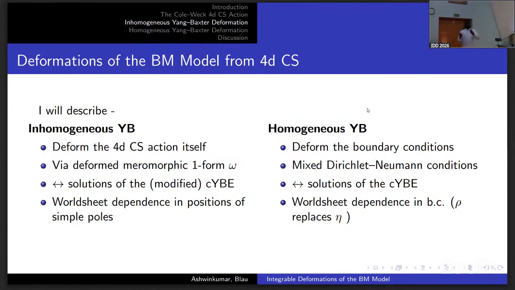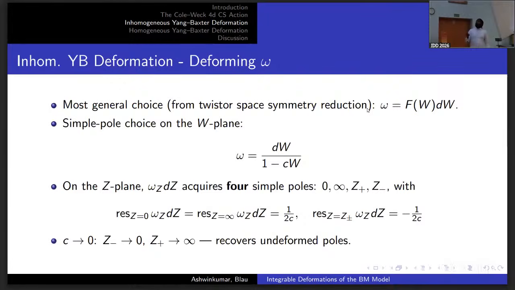But now, instead of a constant parameter eta, we have the worldsheet coordinate rho appearing explicitly in the boundary condition. So we can show, using some arguments starting from the twistor space origin of 4D Chern-Simons theory, that the most general choice for omega would involve some function of the coordinate w. So we take this simple choice of omega being dw over 1 minus cw. That means there's a simple pole.